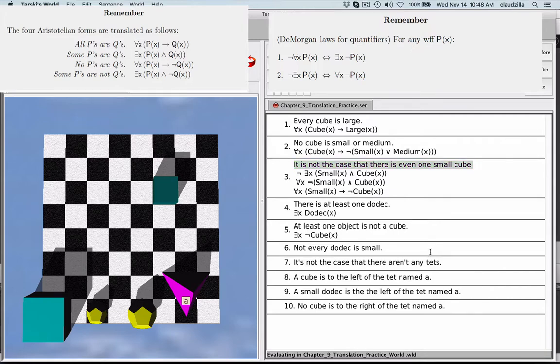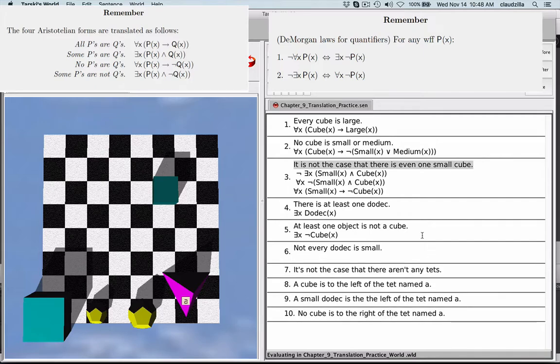But let's go ahead first and translate by negating the universal, as the sentence asserts, not every. It is not the case that every. And then we have our standard translation, dodeck x, conditional small x.